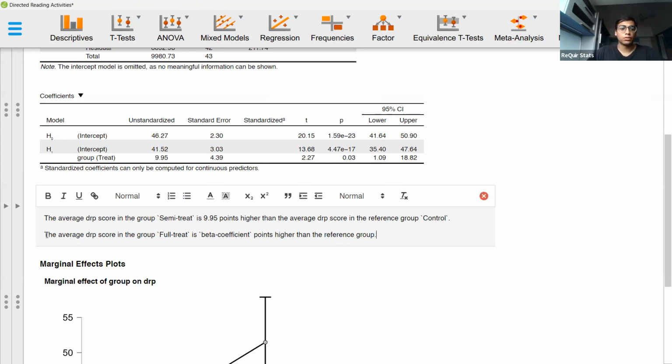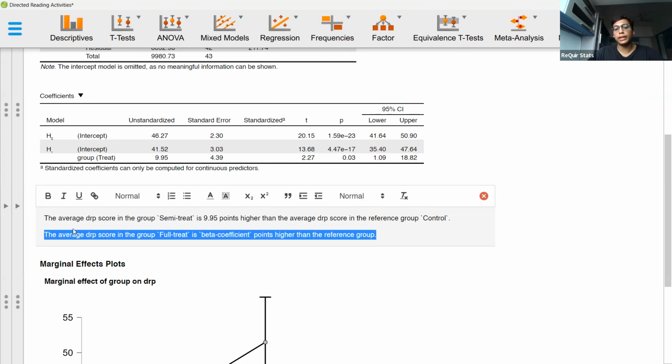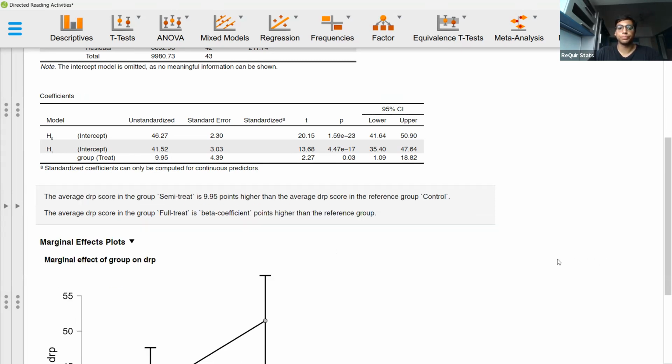So this is how we interpret the beta coefficients for factor levels.